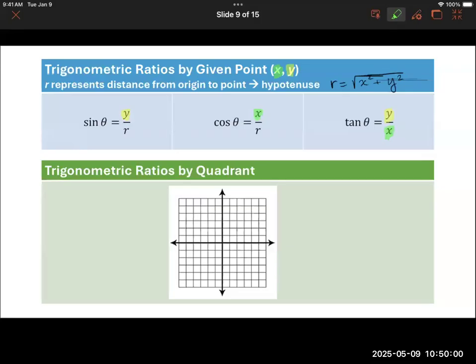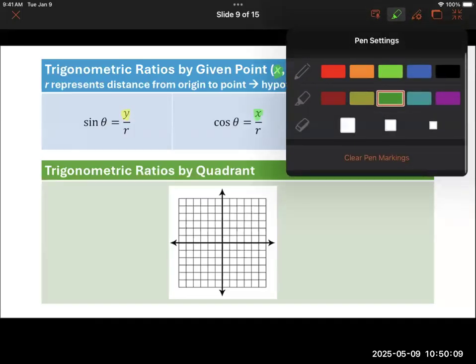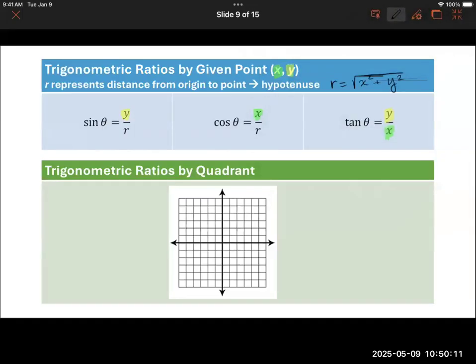Now, because of the possibility of getting positive and negative results, it is sometimes good to think through what that is going to look like. What should I expect for my results, depending on which quadrant my terminal side is going to be in? If you remember with quadrants, we count from our upper right quadrant first, and then we go counterclockwise.